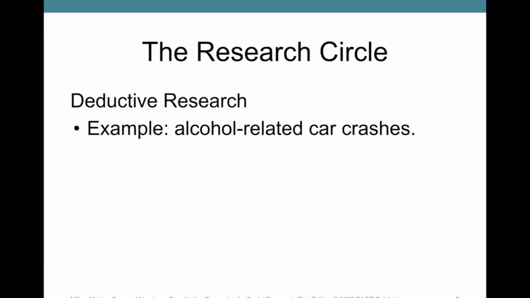You hypothesize that if a neighborhood has more ride-sharing options in the area to keep drunk drivers from getting behind the wheel under the influence, because we all know the famous saying, drive sober or get pulled over, you may need to collect data on ride-sharing options, accidents, and neighborhoods to either confirm or challenge the theory. Again, inductive research starts with data to develop theory. Deductive research starts with theory to test the hypothesis through the collection of data.